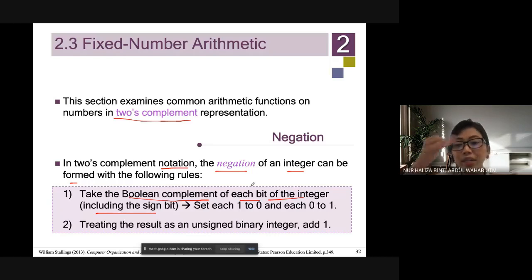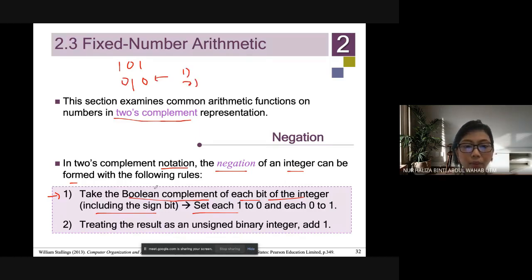This is the example I gave you: if you have the number 101, you need to do the first step, which is changing 1 to 0, 0 to 1, 1 to 0.